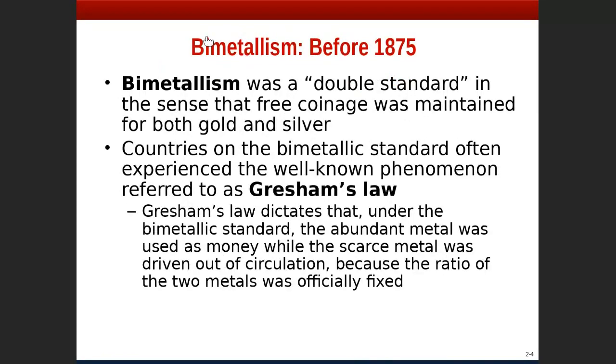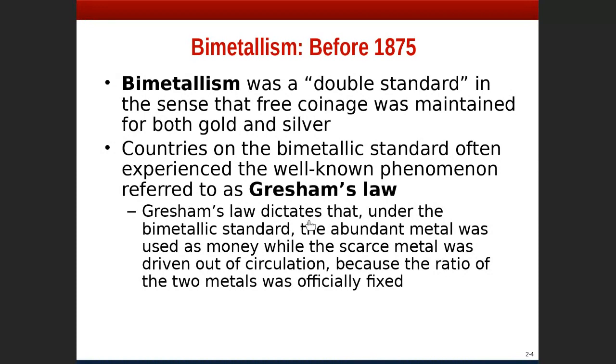Now, what was bimetallism? Again, remember, this was the system in place before 1875. Bimetallism was a double standard in the sense that free coinage was maintained for both gold and silver. Countries on the bimetallic standard often experienced the well-known phenomenon referred to as Gresham's law.